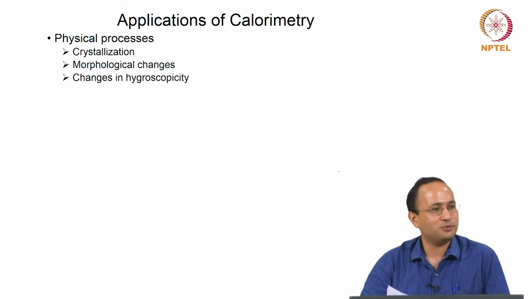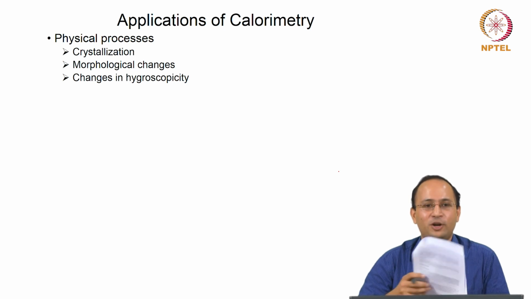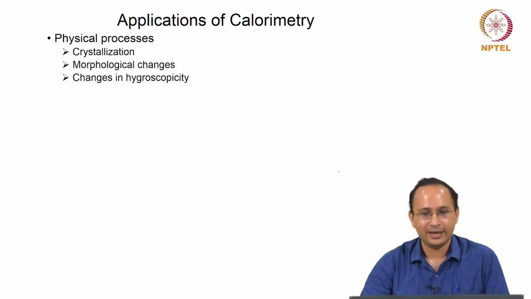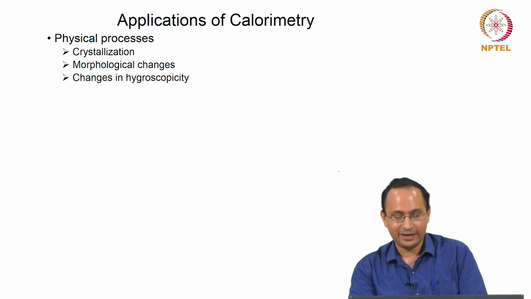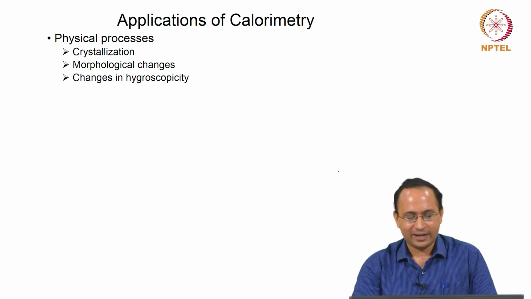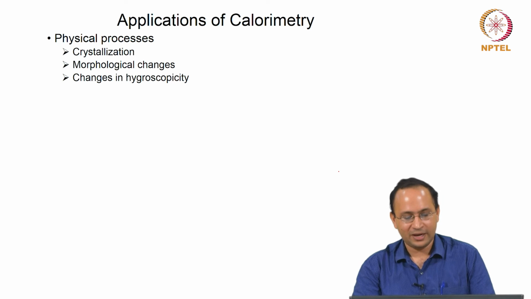So, if you think about the physical processes, what comes to your mind? For example, crystallization of amorphous materials can be studied using calorimetry. A useful method for analysis is to couple a heat calorimeter, where you can get the signal, with a vapor perfusion device.